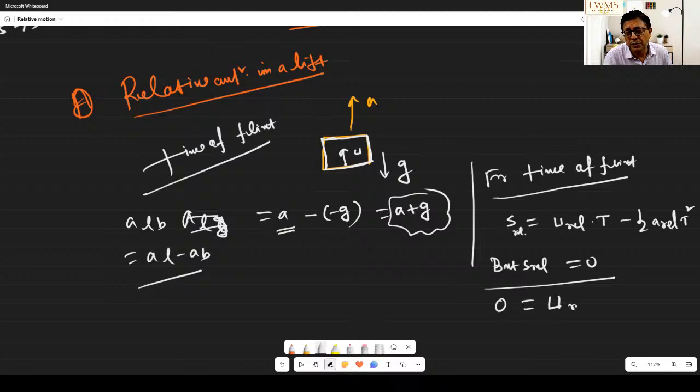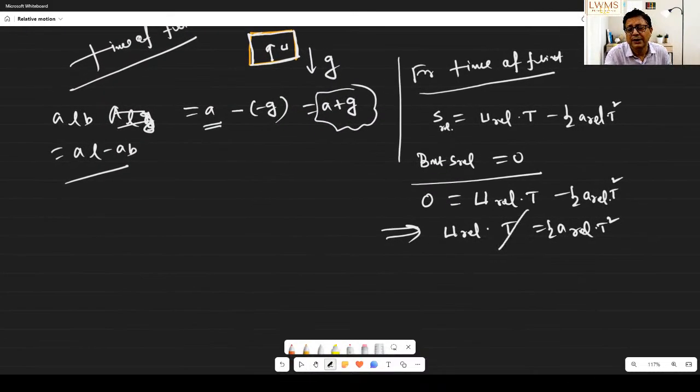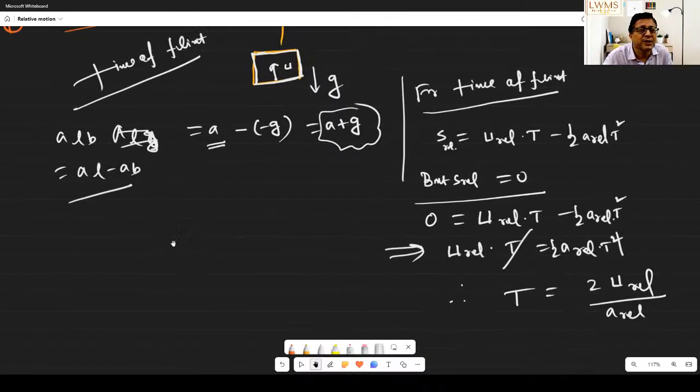So 0 equals U relative T minus half A relative T square. U relative into T equals half A relative into T square. T and T get cancelled. So T is going to be twice U relative by A relative. What is U relative? The ball you have thrown, the lift is not thrown.